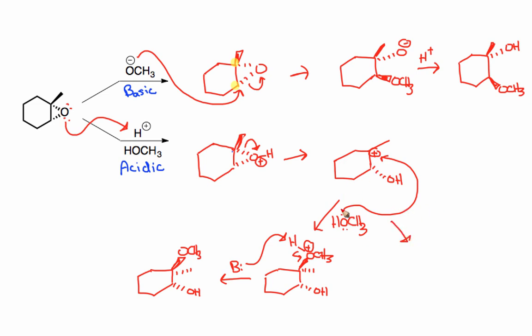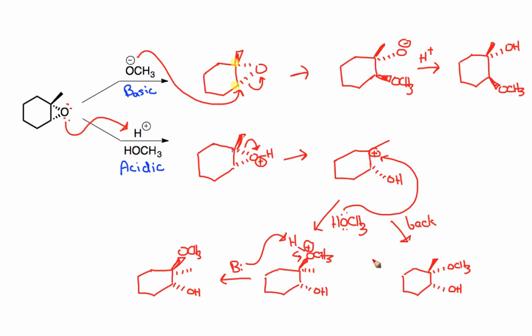And then we could also do nucleophilic attack from the back side at that carbocation, to give the methyl up and the OCH3 pointing backwards.